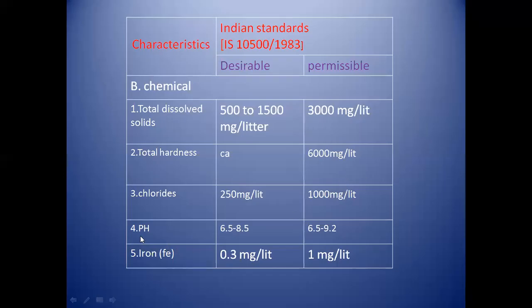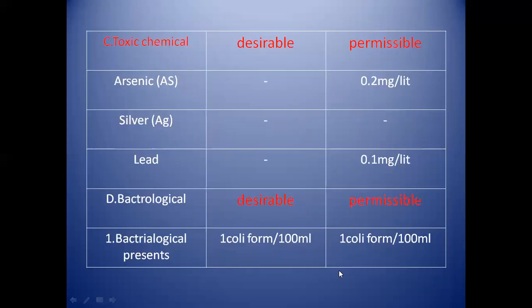Then the desirable value of pH is 6.5 to 8.5. Then the permissible value is 6.5 to 9.2. Then the next chemical characteristic is iron, that is Fe. The desirable value is 0.3 mg per liter and the permissible value is 1 mg per liter.